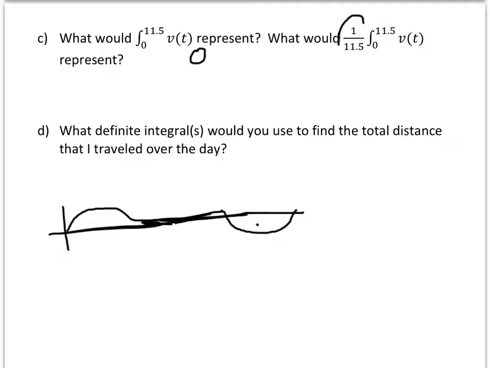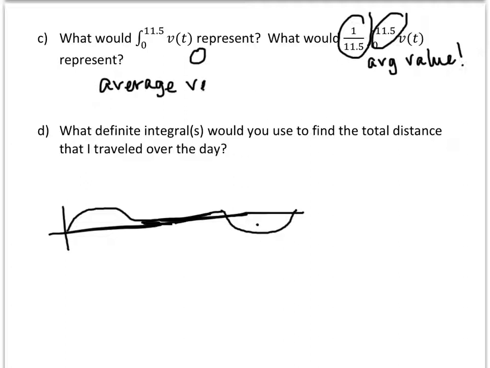This, just a reminder of average value. You'll see that 1 over 11.5 and 0 to 11.5 there, so that's the average value formula, and that would tell me my average velocity during the day or during the trip. So the integral, because it is positive and then negative, produces a value of 0.